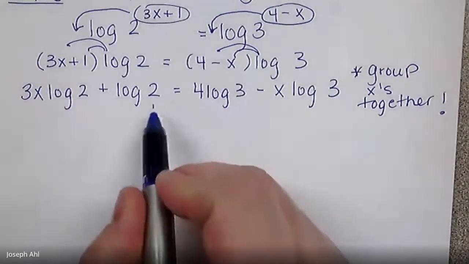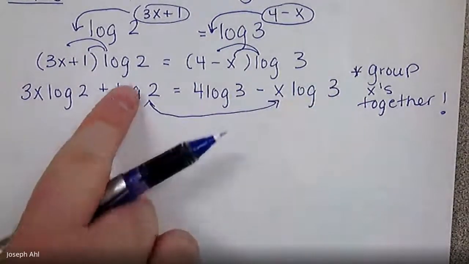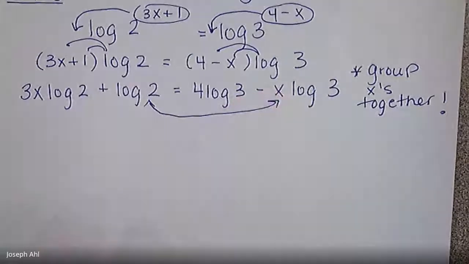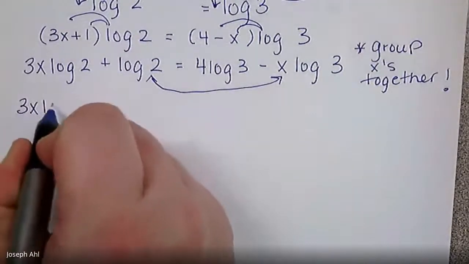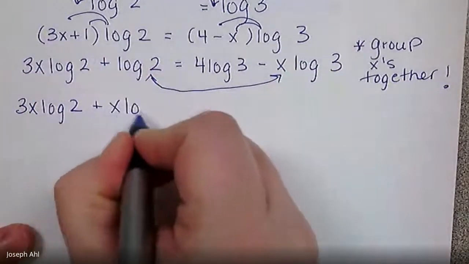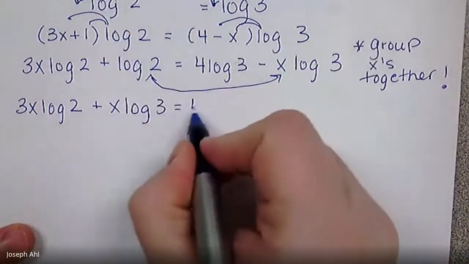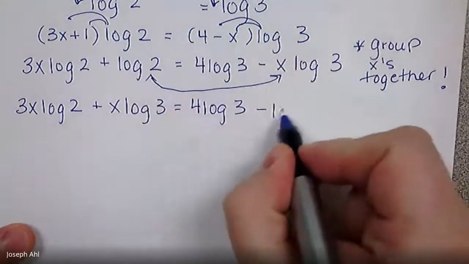So essentially, I'm going to switch the order of these two terms right here. I'm going to add x log 3 over here. I'm going to subtract log 2 from that side. And I am going to do it in one step because I know you guys can handle that. But it's going to be 3x log 2 and then plus x log 3 here. And then on this side, 4 log 3, subtract the log 2 over there.